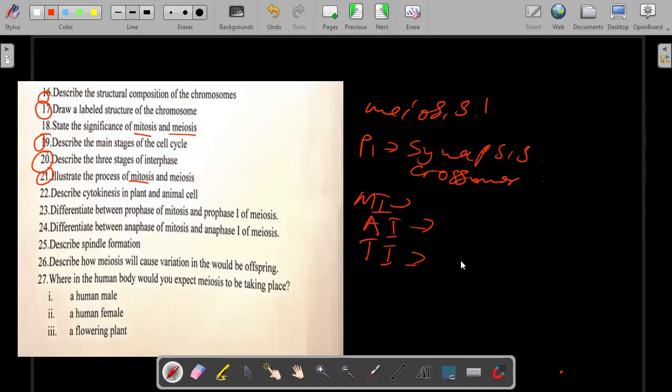For meiosis, telophase 1 usually happens in some animals, but doesn't happen in most of the animals.